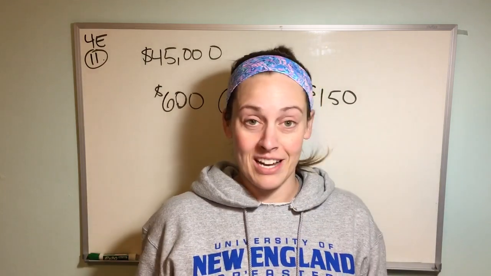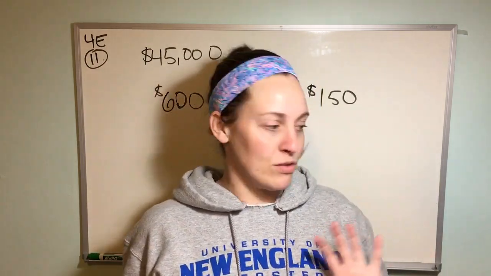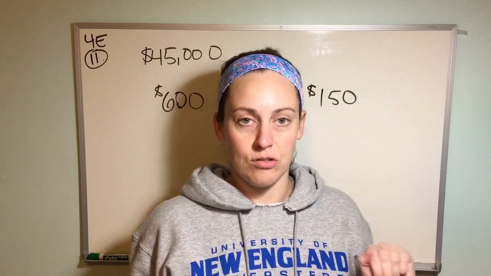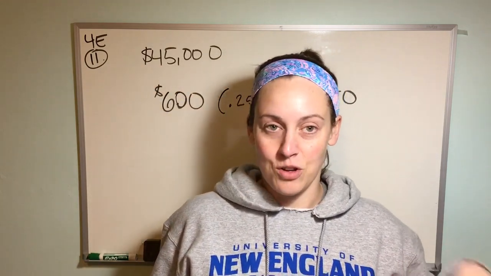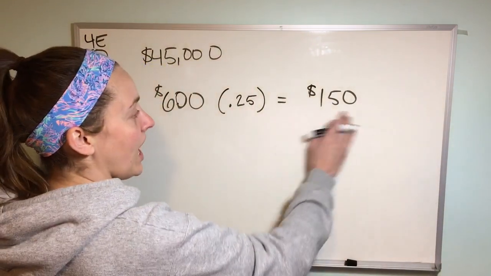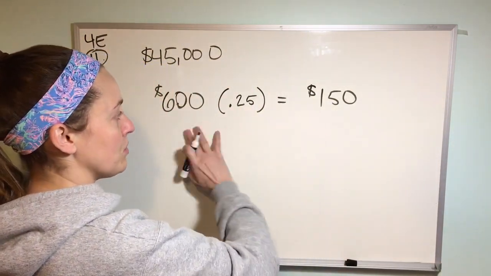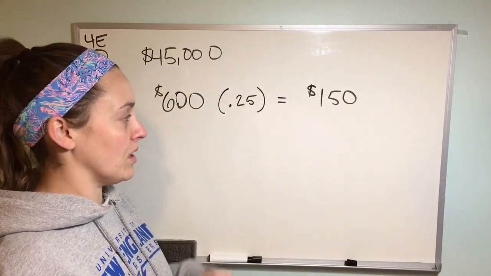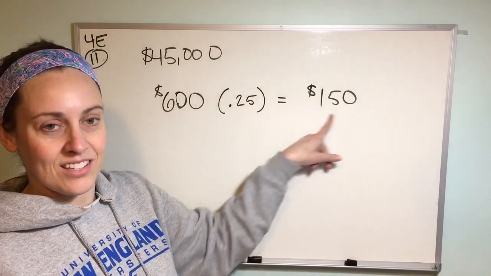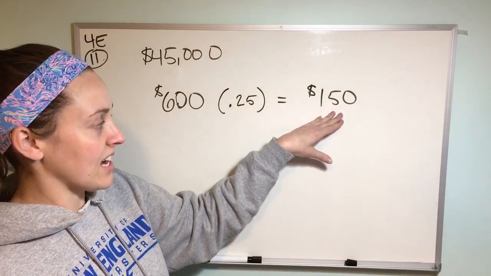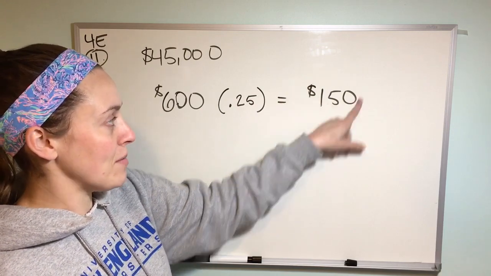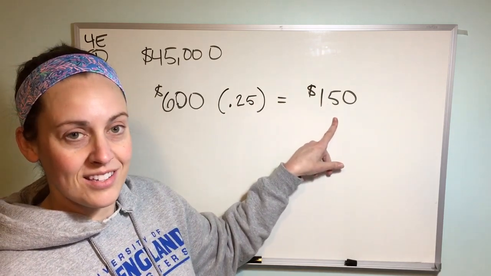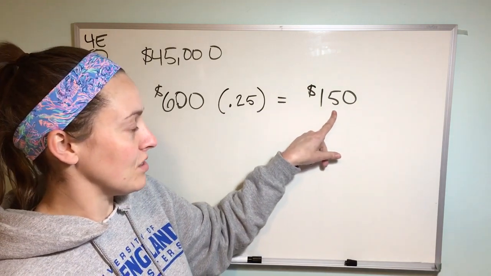It's still your money and you're still going to get it back. But if you were putting it into shoes versus a tax-deferred retirement account, you're going to save yourself $150, because if you're buying shoes with $600, you still have to pay taxes on that. So you'd still owe this to the government. But if you're putting it in a tax-deferred retirement plan, remember, you don't have to pay this. So this money is still yours.